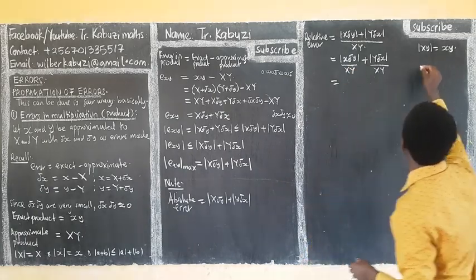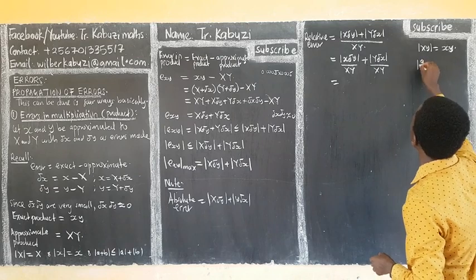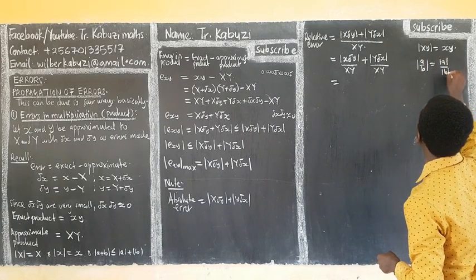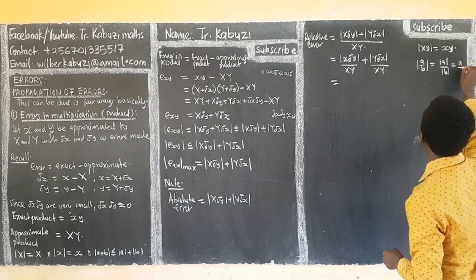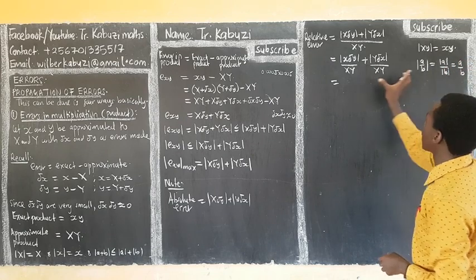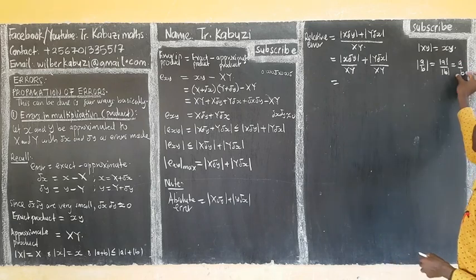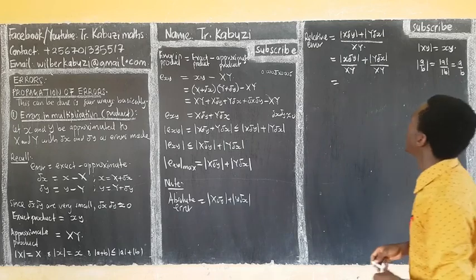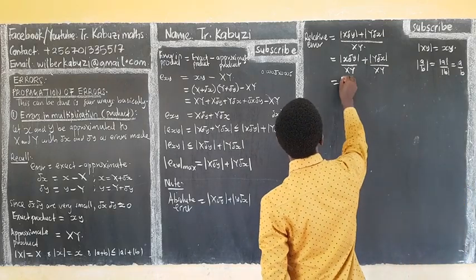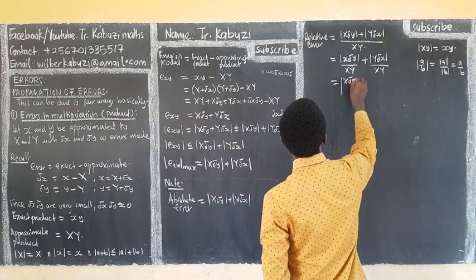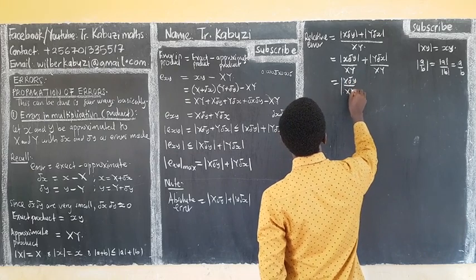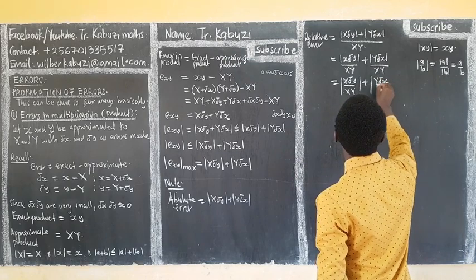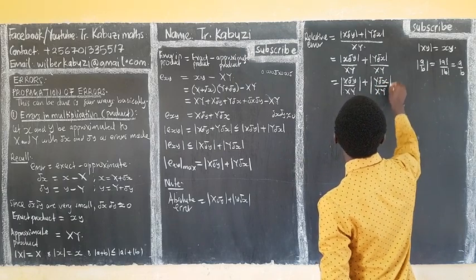So we said, remember the modulus, we said A over B is the same as A over modulus of B. And this is the same as A over B. I think so. This one is what they are going to apply here. So if I have this the same as this, if I have this the same as this, if I have this the same as this. Okay, so that's what I'm going to do. So I'm going to say now this is the same as x, y, then plus y, delta x over x, y.